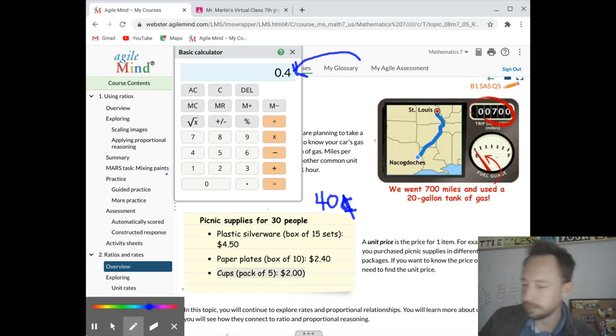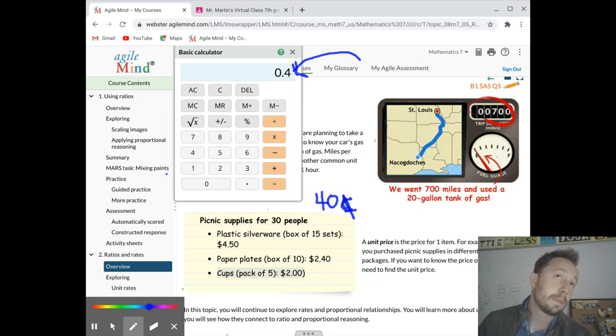All right. So, in closing of this, what are some unit rates that we can use to describe our class or things in our class? What could we say? What could we use as a unit rate in our class? So there's 25 students in our class per what?